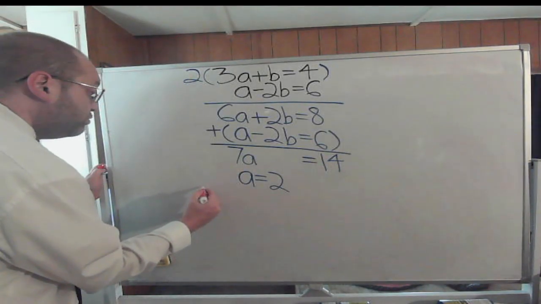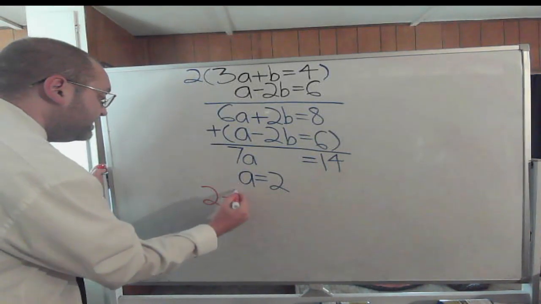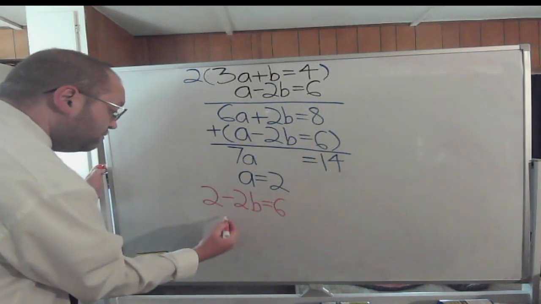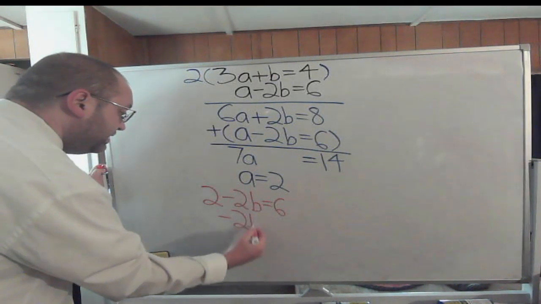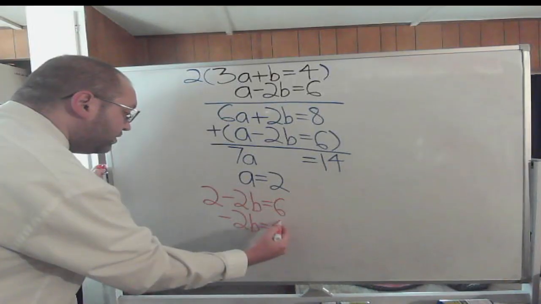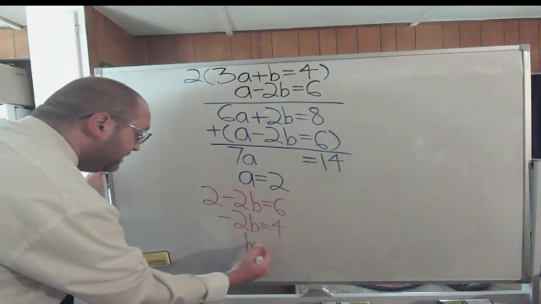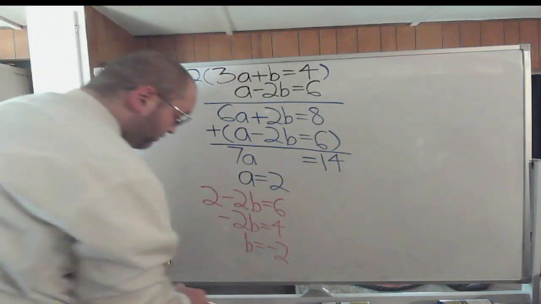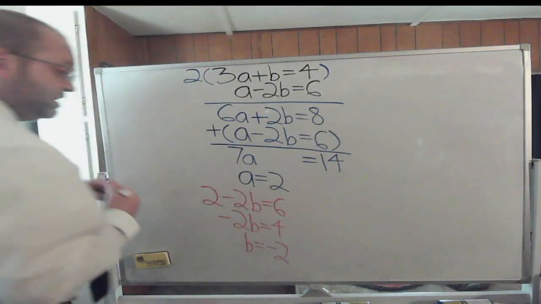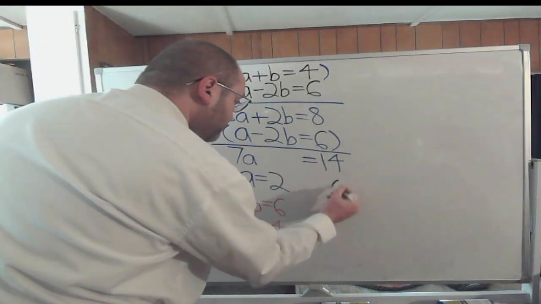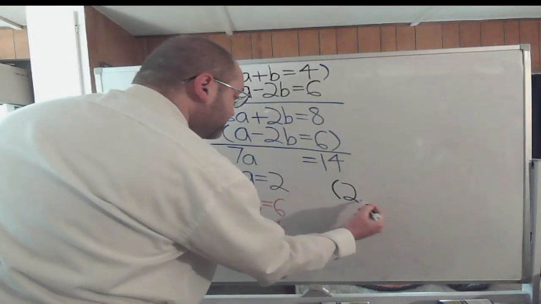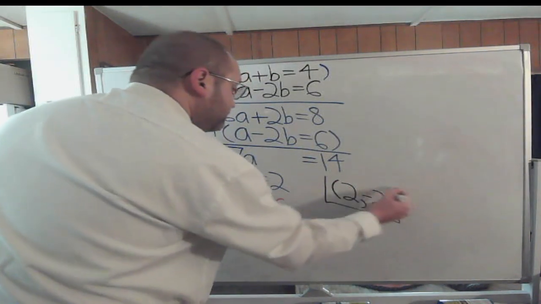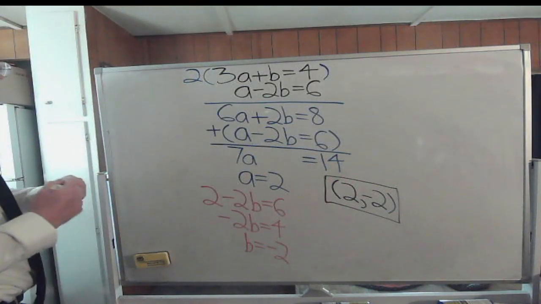So we'll put in 2 minus 2b equals 6, which means that negative 2b equals 4, which means that b equals negative 2. So the b coordinate for the solution is negative 2. So in the end, the ordered pair you should get for your solution would be 2, negative 2. That would be the solution for the ordered pair, 2, negative 2.